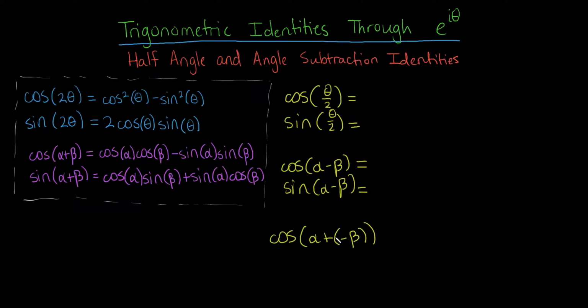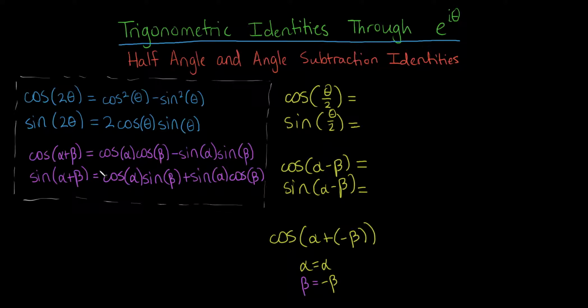And now we have it in this form where alpha equals alpha, and this old beta, we can call it purple beta, equals negative beta. This is not to be too confusing, but we just have negative beta in its place. So when we plug in betas, we'll be plugging in negative betas.